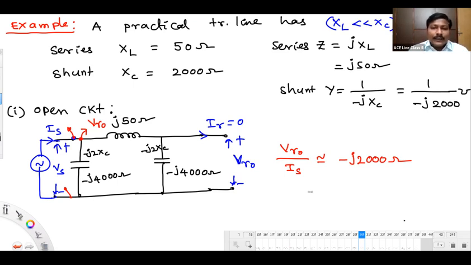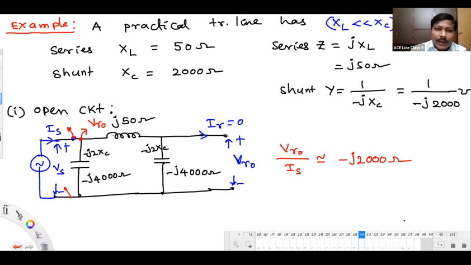All of you understood this or not? I need your response. Good. Listen, I'm saying again. The series reactance value was negligibly small compared to the shunt element.